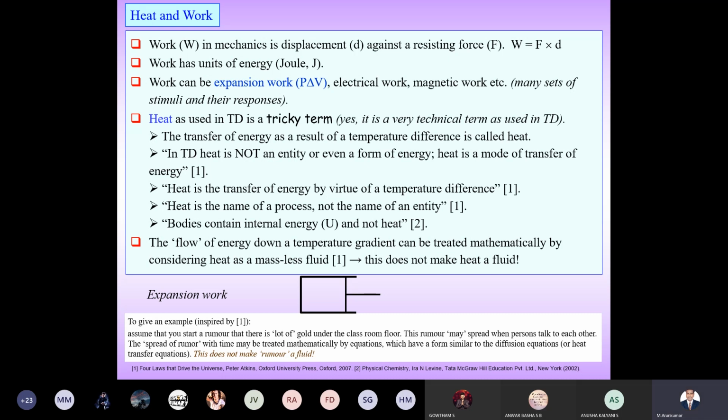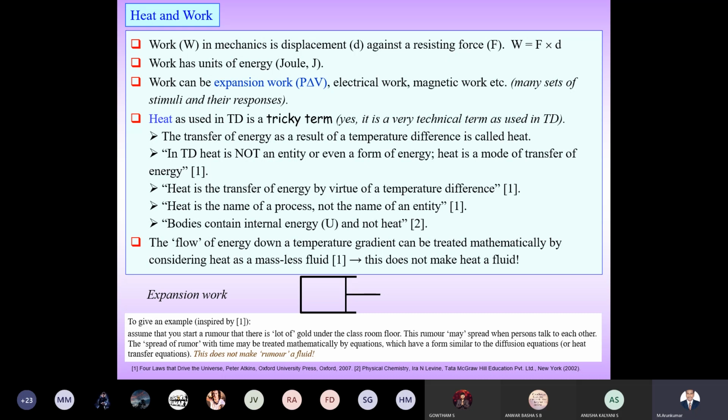Heat is a transfer of energy by virtue of a temperature difference. This is another viewpoint. So how does the transfer of energy happen? By the temperature difference.